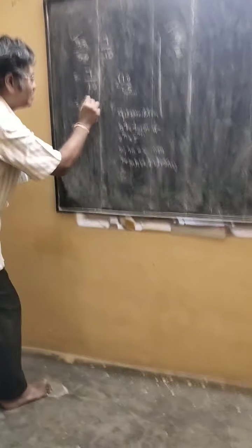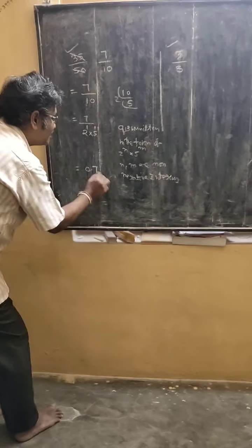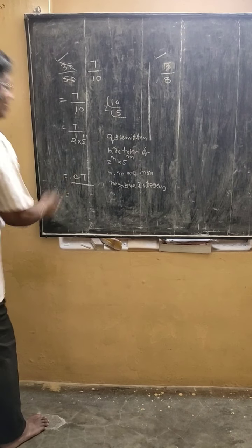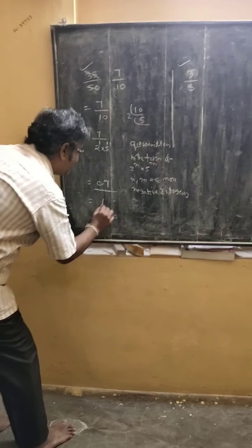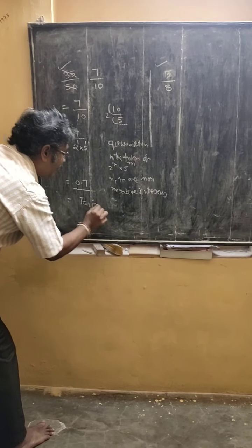So what is the result? 7 by 10 means how much? 0.7. So it is a terminating decimal.